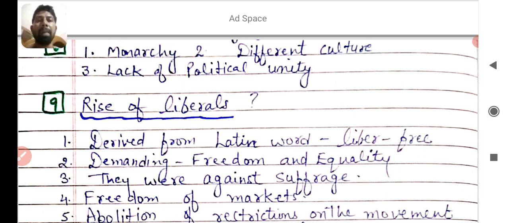They were demanding freedom and equality in European society. But they were against suffrage. You know that suffrage means the protest for the right to vote.